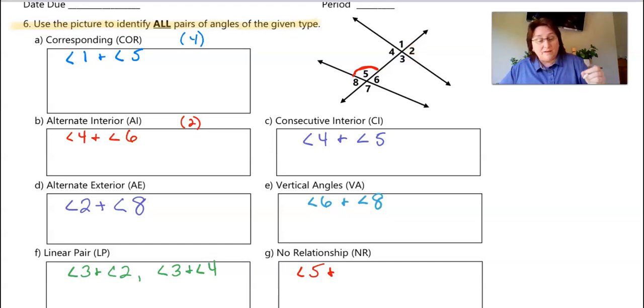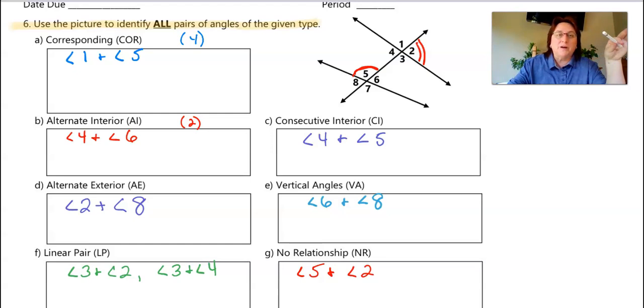Hey guys, we have a winner, right? Angle 5 and angle 2 have no direct relationship, okay? So one is exterior, one is interior. They're not corresponding. They're not vertical. They're not linear pairs. No relationship, okay? And again, there's more, but I'm not going to tell you how many for you to find.